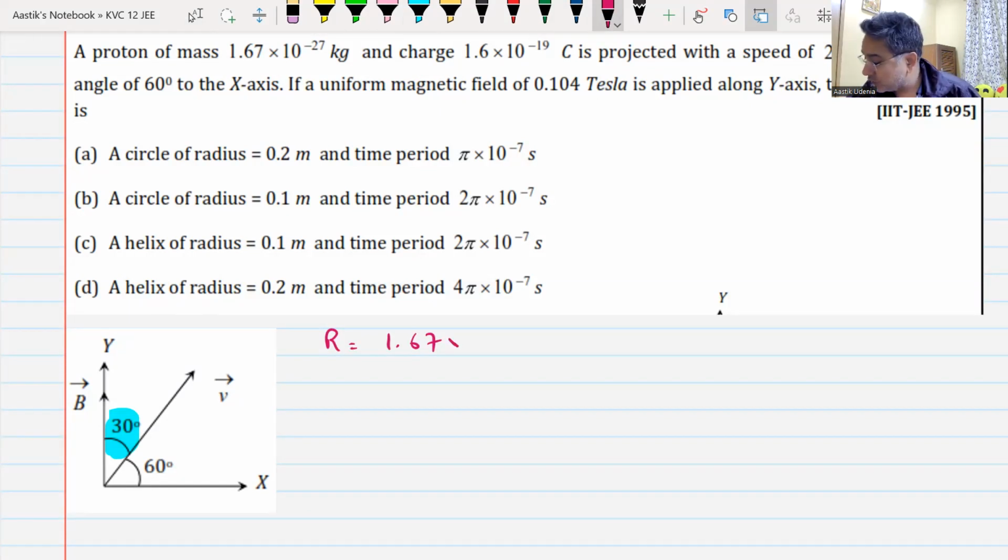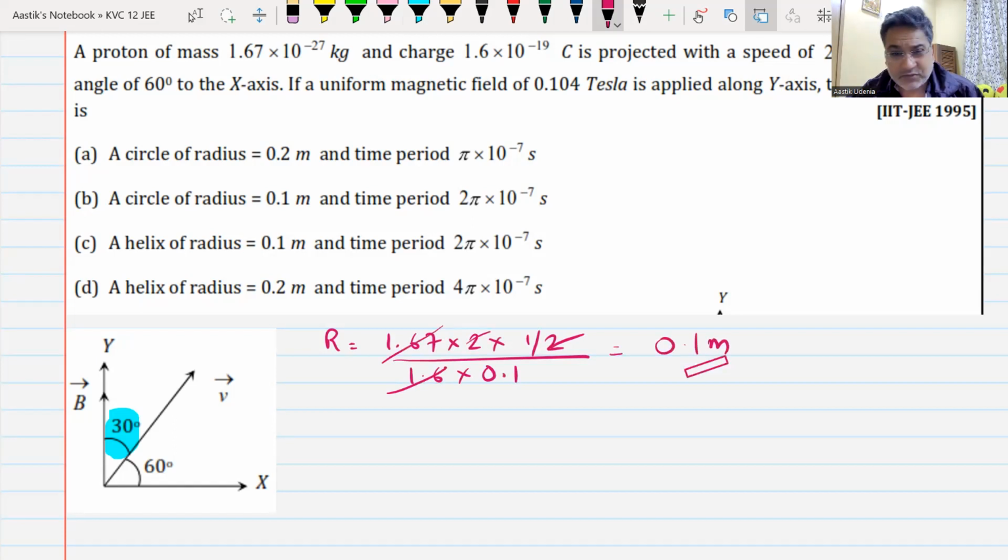M into V, and V is how much? 2 into sine theta, which is half, divided by Q into B. Q is 1.6 and B is 0.1. You just do this much and you will get your answer. This will cancel, this will cancel, and you will end up with 0.1 meters. I'm not using the units.